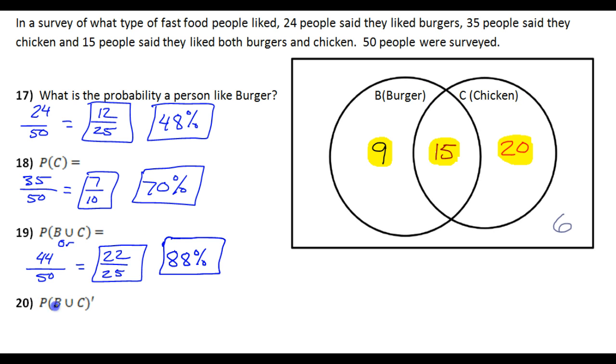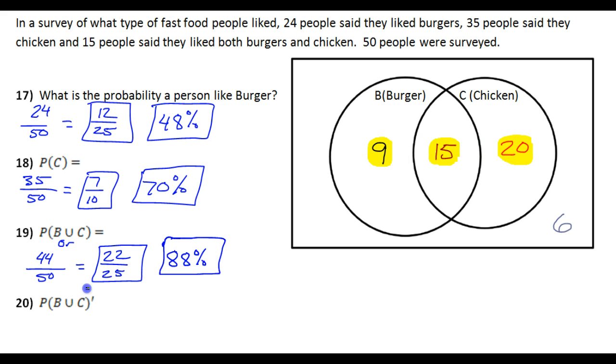Now number 20 starts off the same, the probability of liking burgers or chicken, but then this apostrophe means the complement. So it means not this. So it's asking what's the probability of not liking a burger or chicken. The probability of liking a burger or chicken was these three numbers all together. Burger, chicken, all of both.